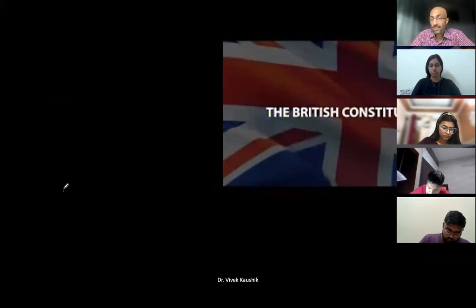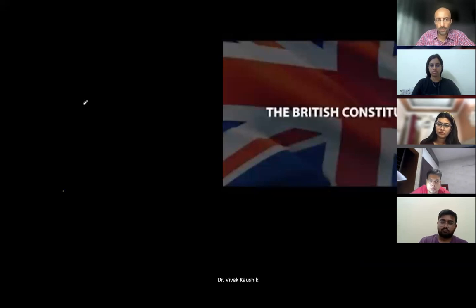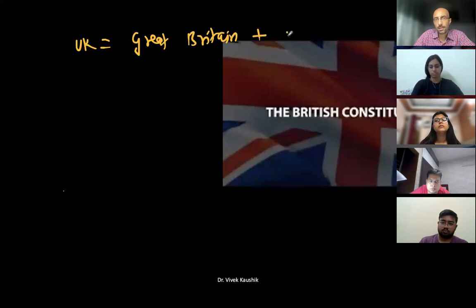And remember, when we are studying the British Constitution, we mean the Constitution of the UK, not just Great Britain. You all know this is Great Britain. This is the entire UK. What is UK? You all must have read in geography. UK is equal to Great Britain plus Northern Ireland.